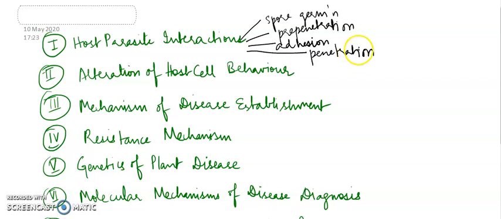Once the organism has entered inside and it has established an infection, definitely it is going to affect the host cell, or it is going to affect the host. It is going to affect the behavior of the host. The plant physiology is going to be affected. We will be studying this under alteration of host cell behavior. Now what are the different processes that are altered?